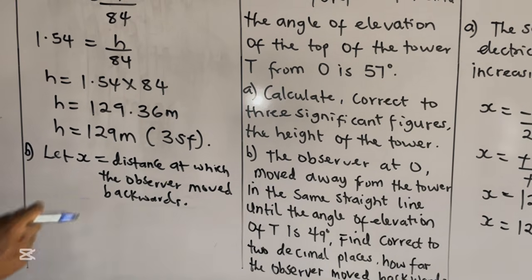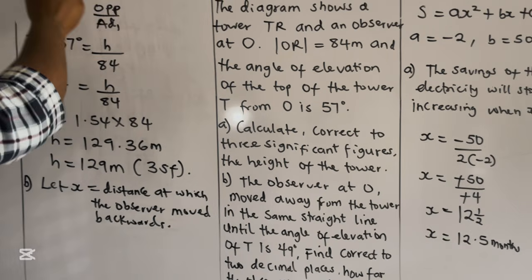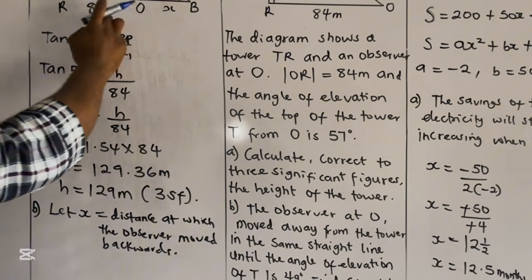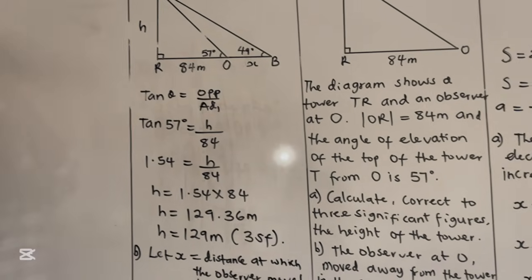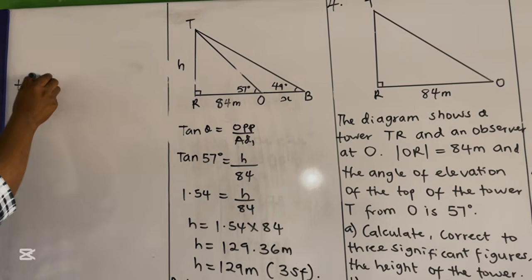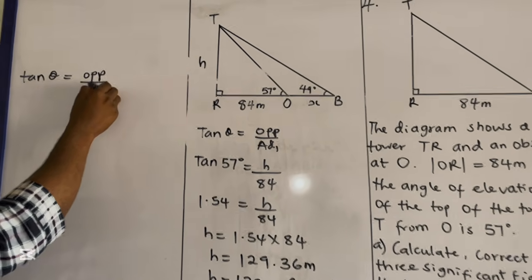Alright, so in this case now, we are also going to use tan because our relationship now is with opposite the angle and the adjacent. So we are also going to use tan in this case. Alright, so we have tan theta is equal to opposite over the adjacent.